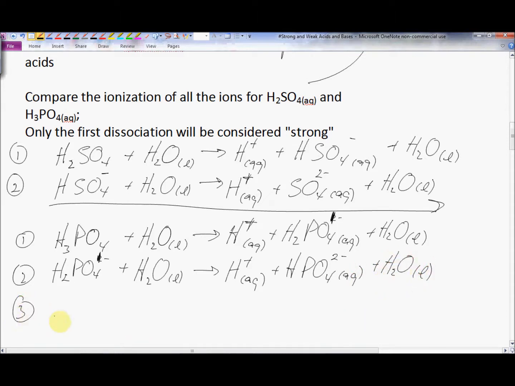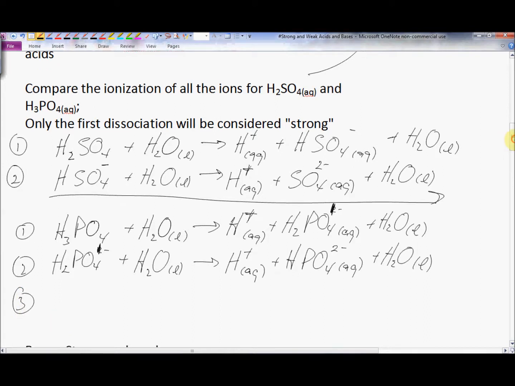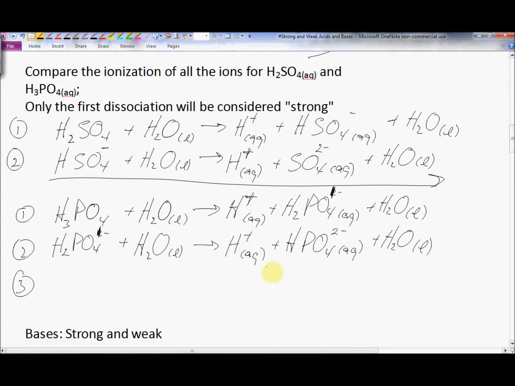Third stage, and the most difficult stage, the least likely stage to actually take place, would be to break down this HPO4 with a -2 charge. Once it gets into water, it's going to turn into, again, a hydrogen ion plus just the phosphate ion.